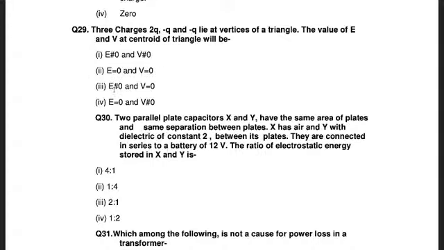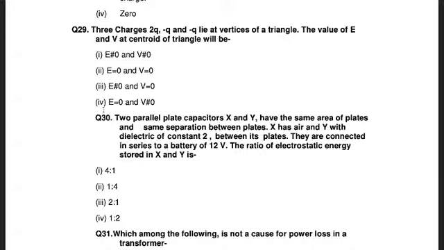Option 4, E is equal to 0 and V is not equal to 0. Correct. The answer is option 3, E is not equal to 0 and V is equal to 0.